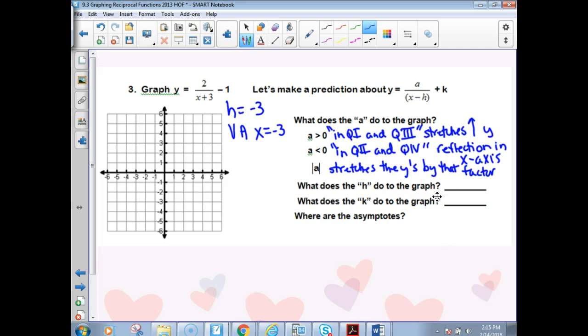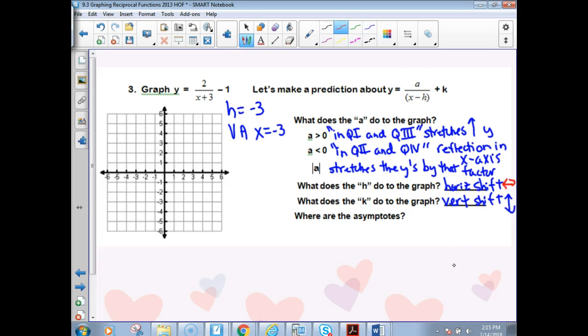What does the h do to the graph? Well, we've already discussed that so many times. That's a horizontal shift. And you know it's up or down, and I hope so. Vertical shift for the k value. And I'm going to write arrows.